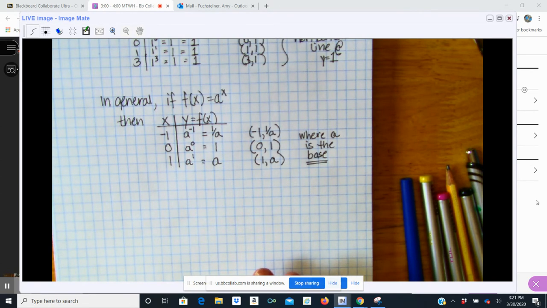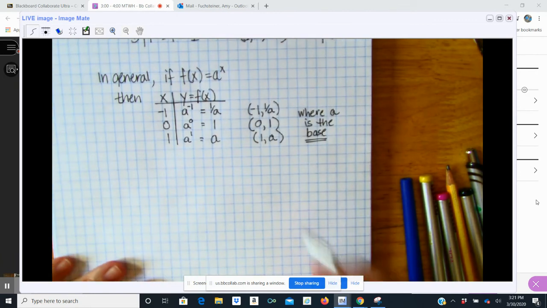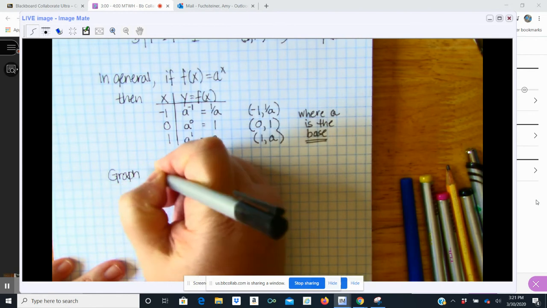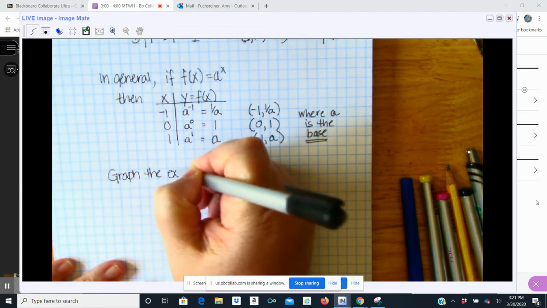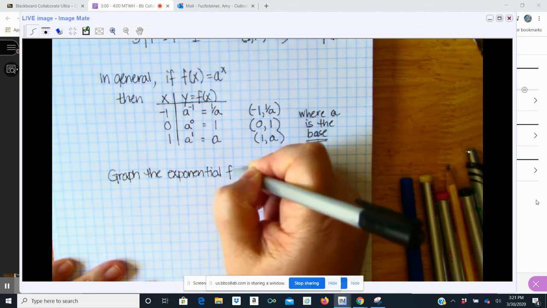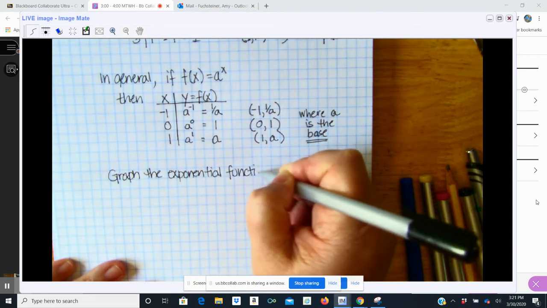How is this helpful? Okay. It helps us graph. Absolutely. And it helps you graph quickly.